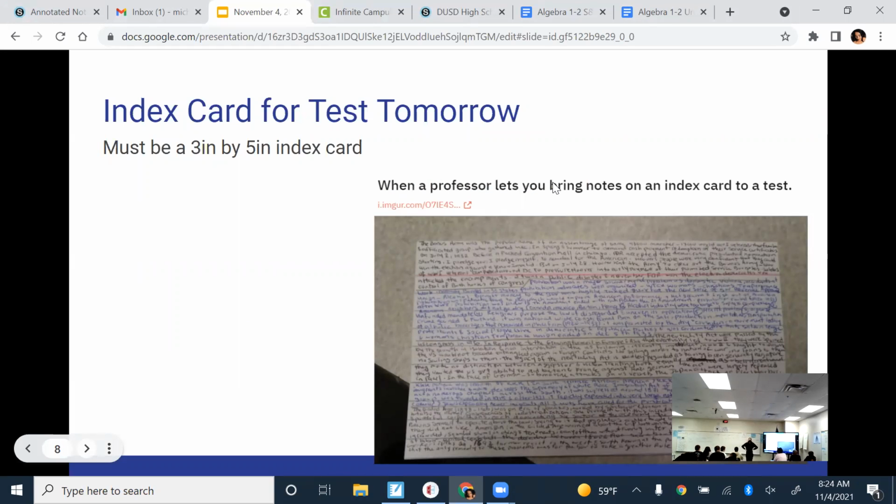Tomorrow you are taking a test, and just like last week, if you want to use a note card, you can. Otherwise, you cannot use any other notes. So if you do not want to go and buy your own pack of note cards to use just one index card, then raise your hand and keep it up until I give one to you.